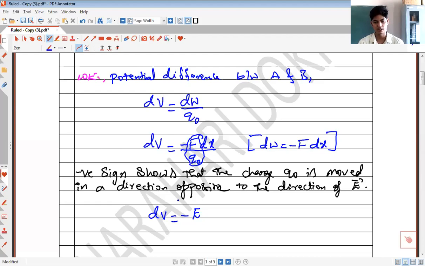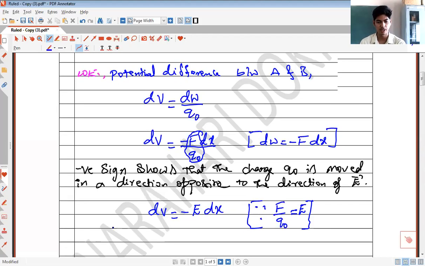Minus sign as it is, F by Q naught is nothing but electric field E into dx. So dV is equal to minus E into dx.